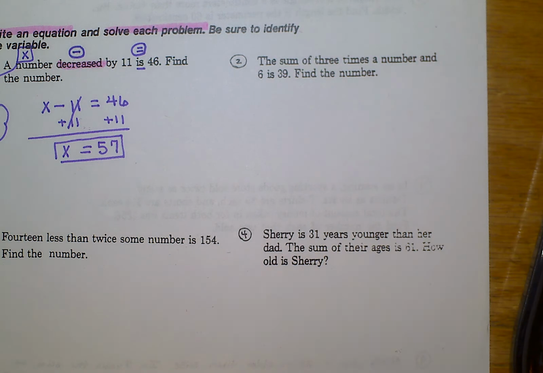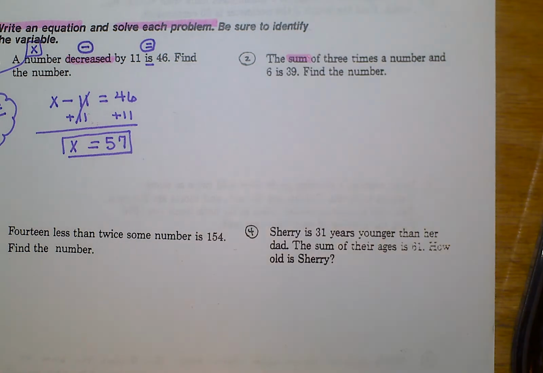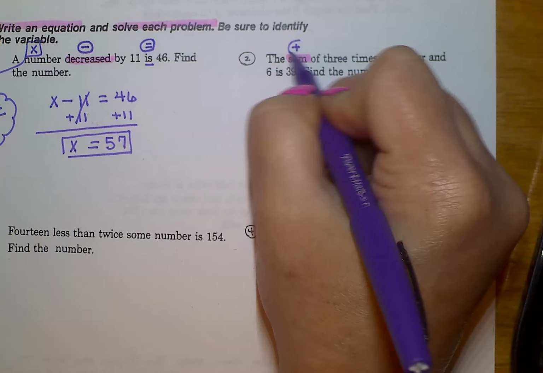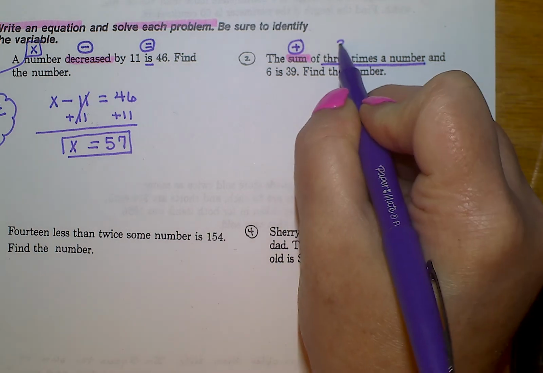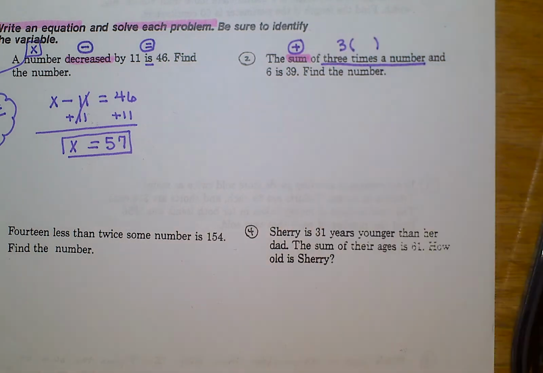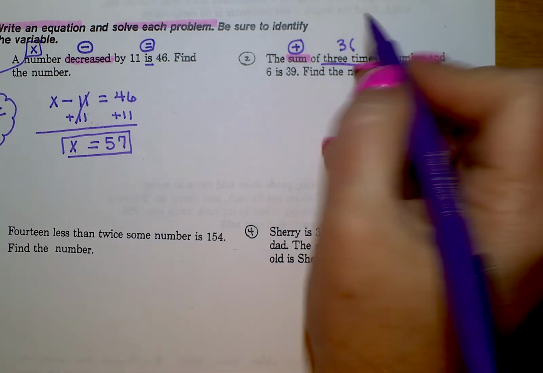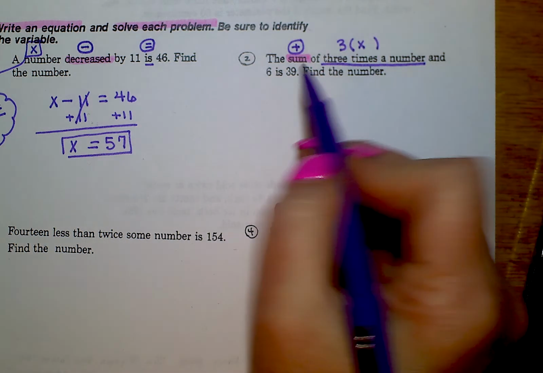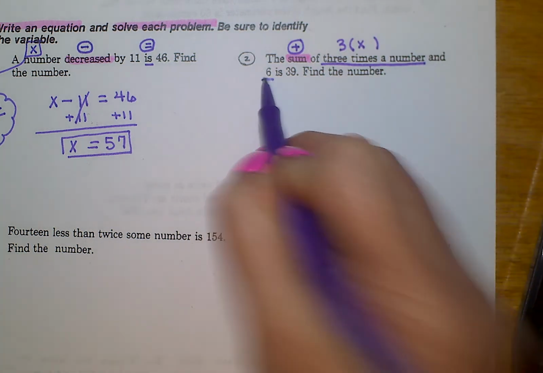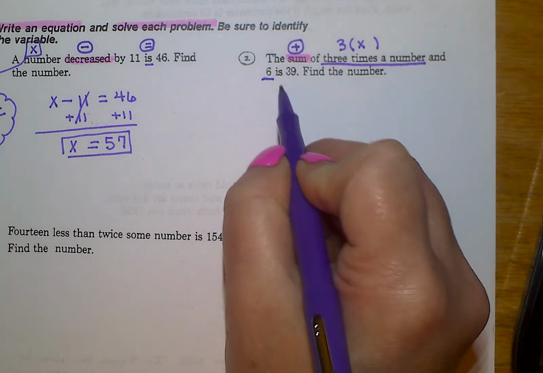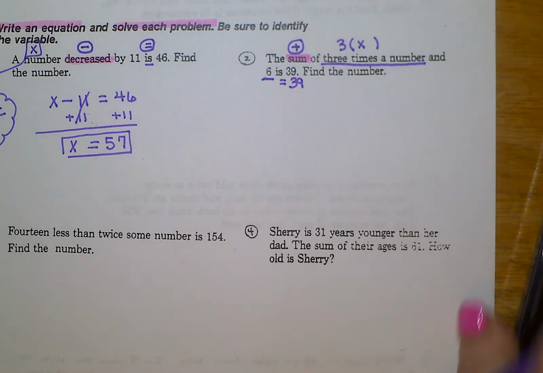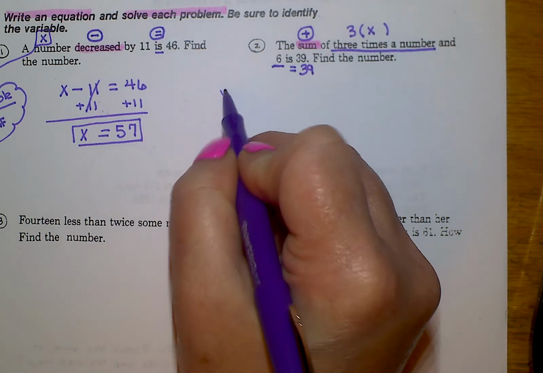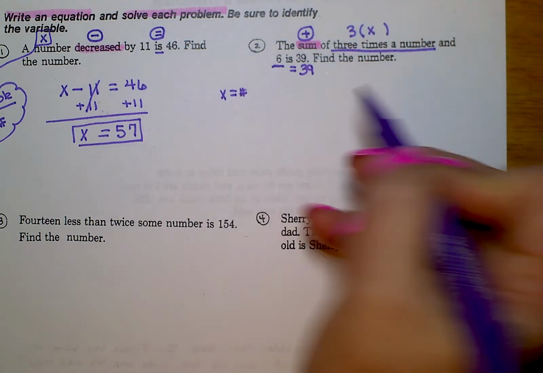Okay, the sum means add. We're doing 3 times a number, so that's going to be 3 times the number. So I'm going to use X. And 6, so we're adding 6, is equal to 39. So again, I'm letting X represent my number.